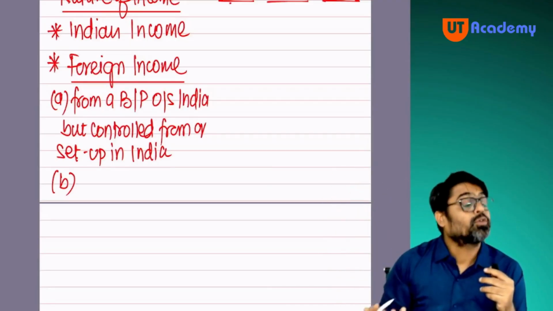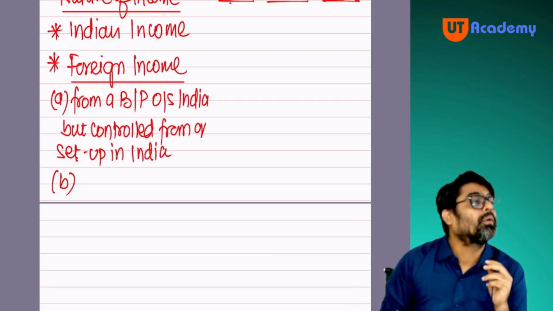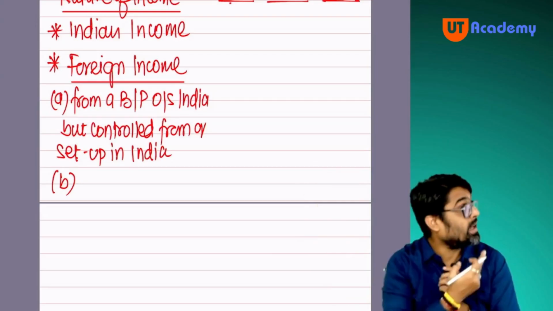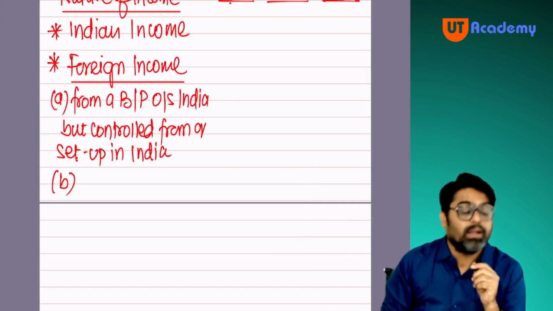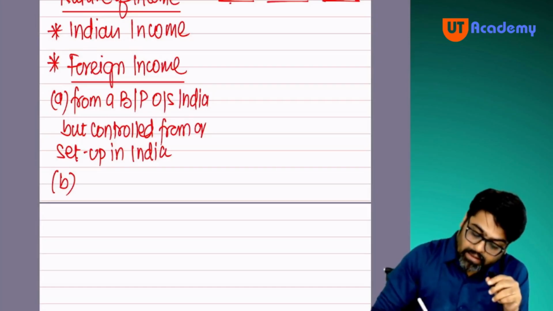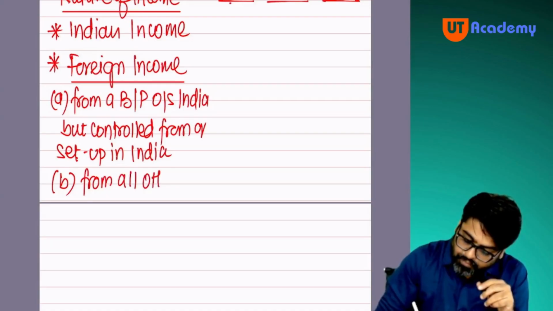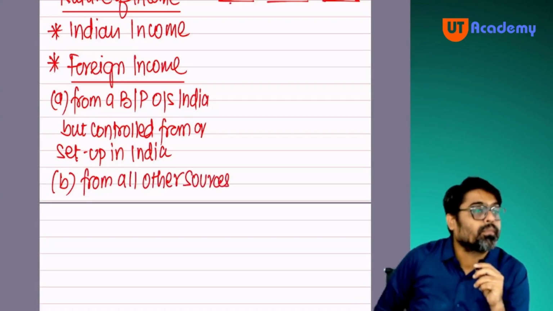If I am earning foreign income from any source other than A, then that will be covered by B. So part B is foreign income from all other sources. Yes or no?